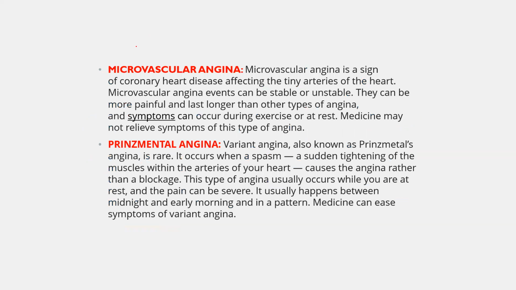Third is microvascular angina. So what is microvascular angina? Microvascular angina is a sign of coronary heart disease affecting the tiny arteries of the heart. So here there are some tiny arteries of the heart that will be affected. Microvascular angina events can be both stable or unstable. They can be more painful and last longer than other types of angina.